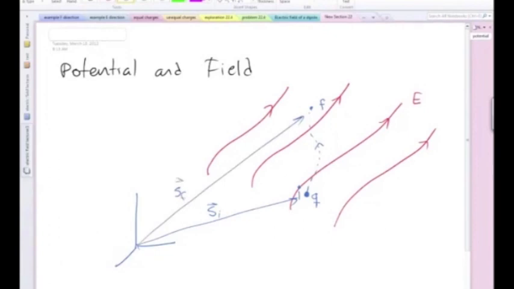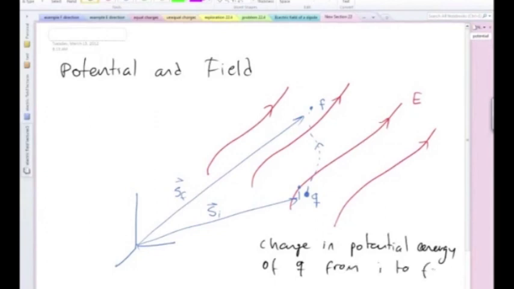So what I'm starting to consider right now is what is the change in the potential energy of that charge as it moves from I, the initial point, to the final point. Let's start with that consideration. And that's going to give us the connection between the electric field and the electric potential.